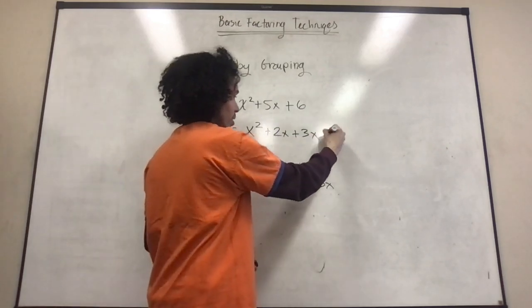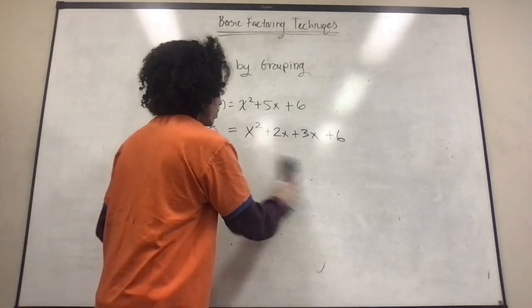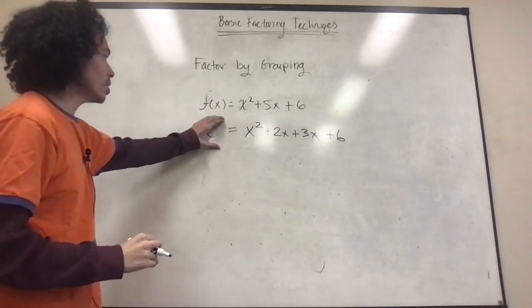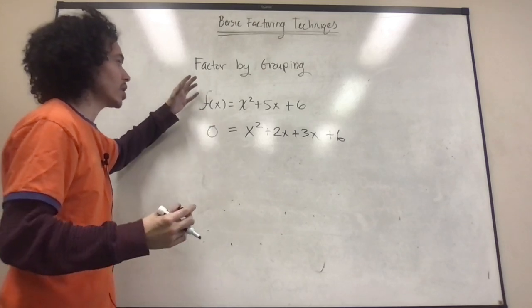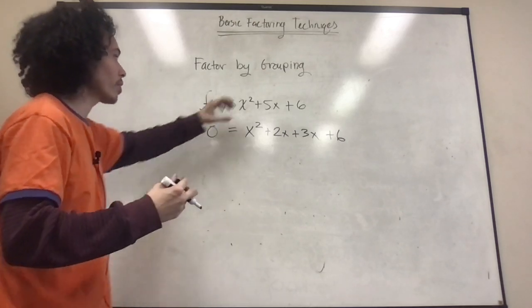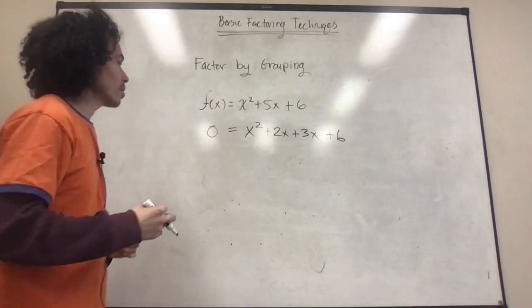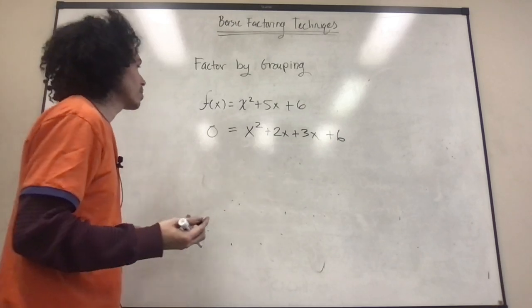Bring down the plus 6. And essentially these two are the same. The only thing that has changed is the way we've rephrased this side of the expression, the function of the equation.